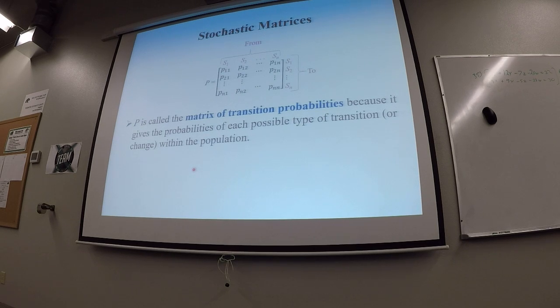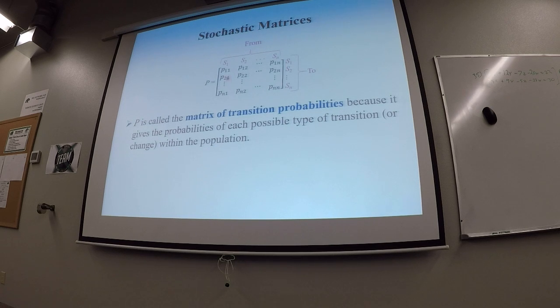And this matrix is called the matrix of transition probabilities because it gives the probabilities of each possible type of transition or change within the population. And it's really important to think of it as from and to. So what is the likelihood of me going from Ferndale to Bellingham?